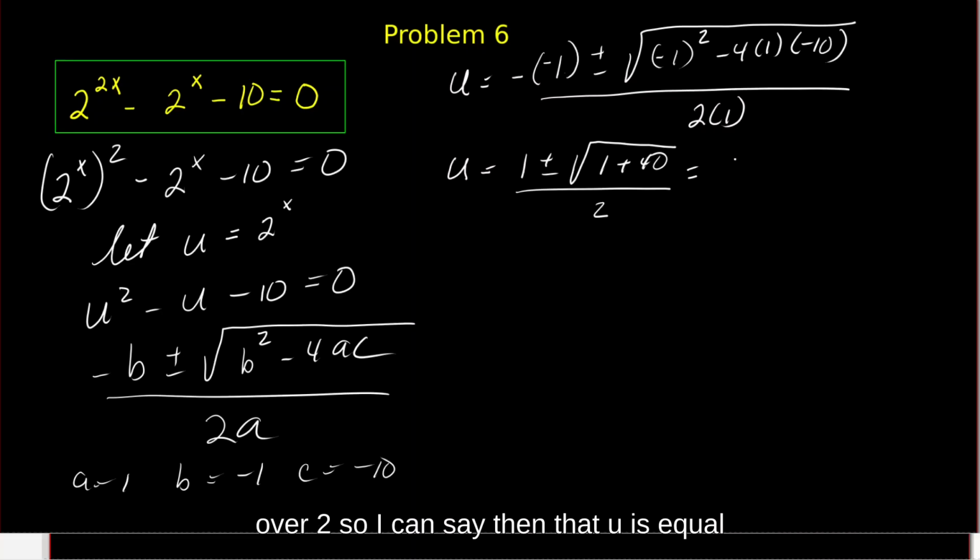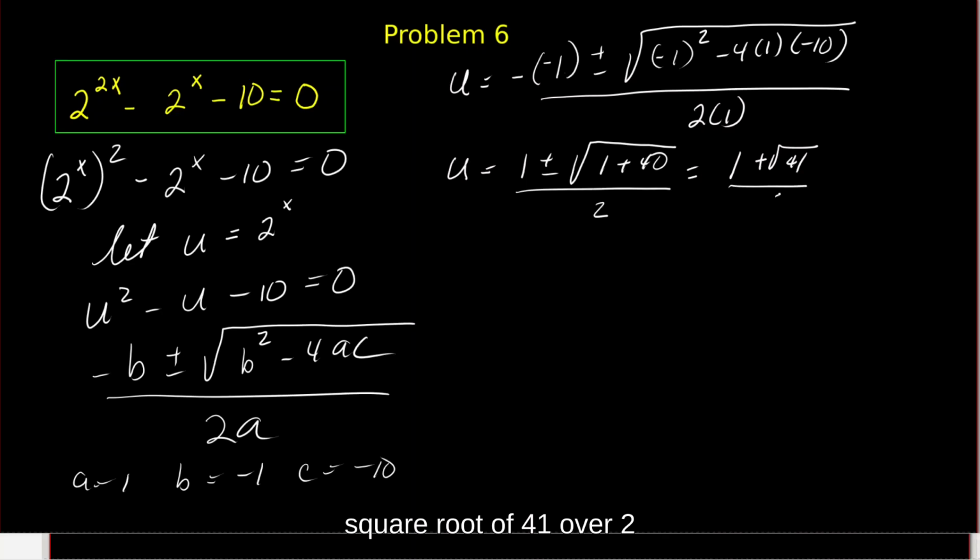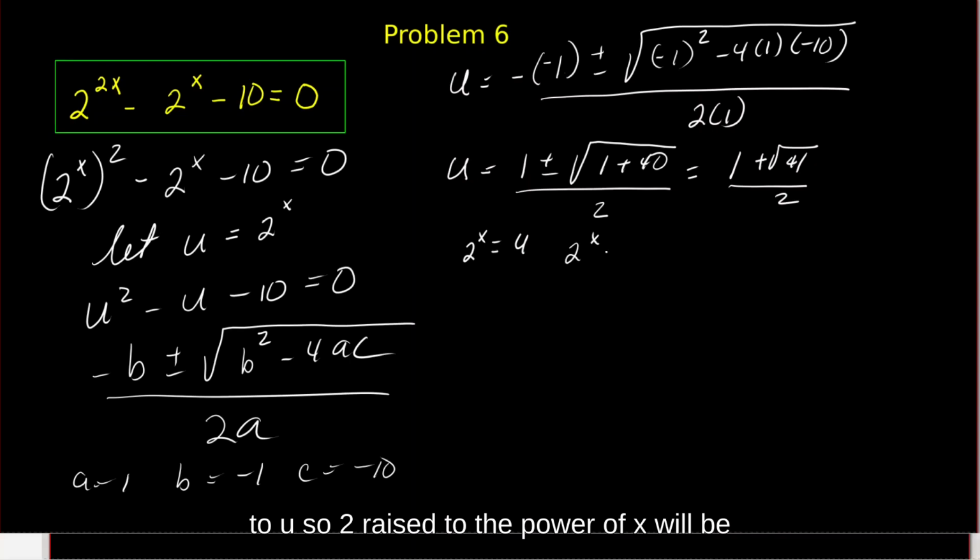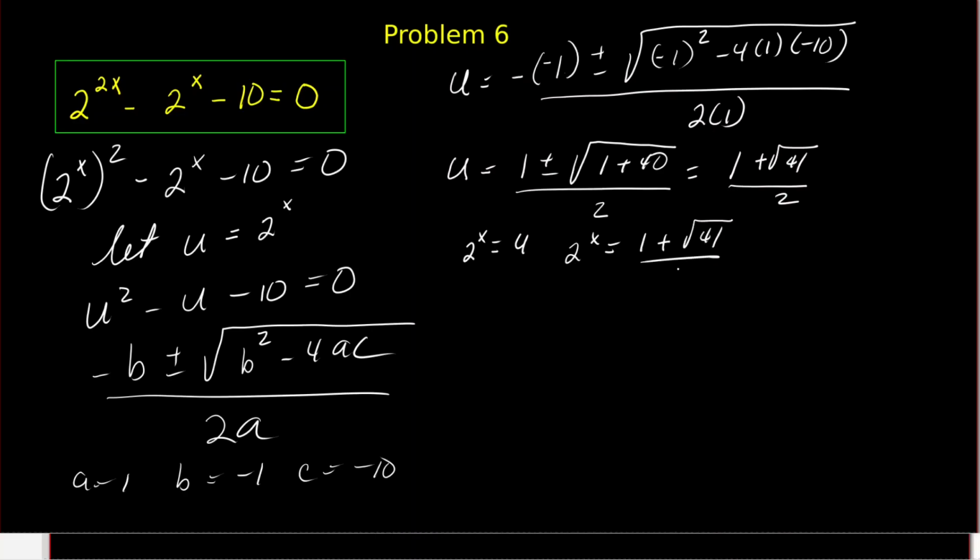So I can say then that u is equal to, I'm going to use just a plus instead of the plus minus, so it'll be 1 plus the square root of 41 over 2. We said earlier that 2 to the x was equal to u. So 2 raised to the power of x will be equal to 1 plus the square root of 41 over 2.